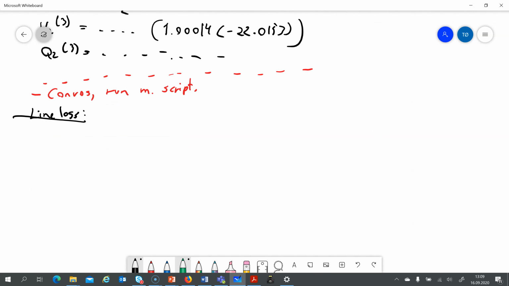And let's draw what I call a pi equivalent line model like this, and we have something below here.